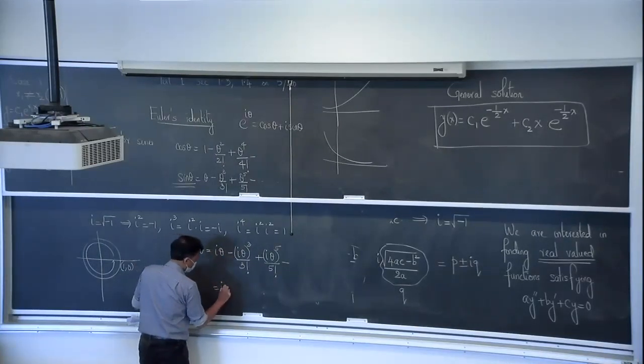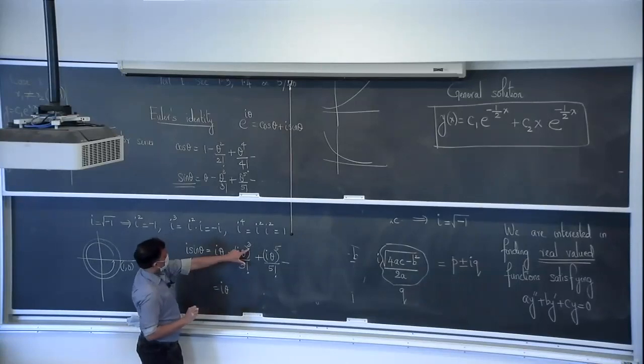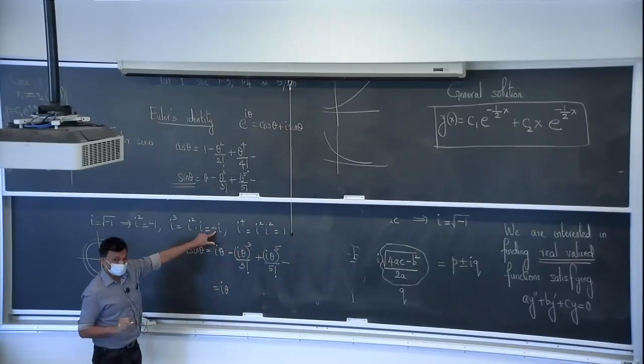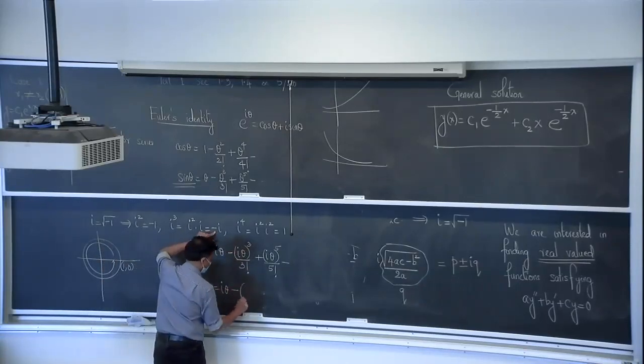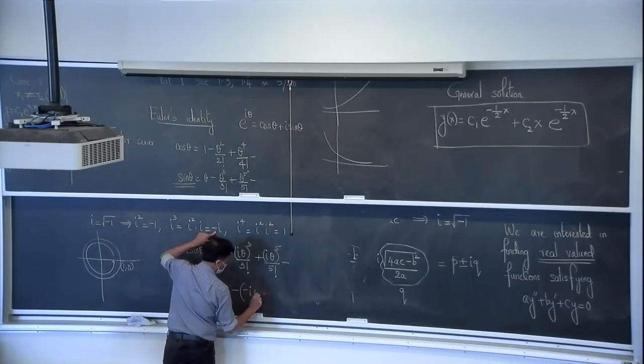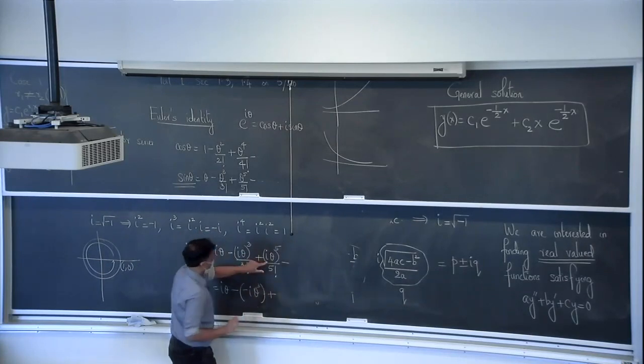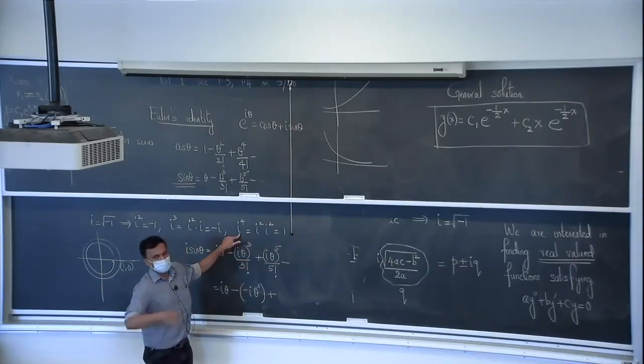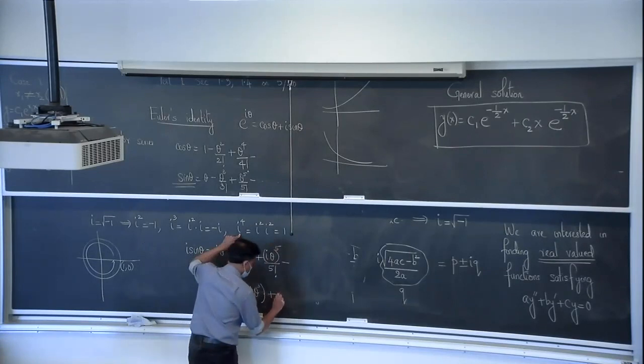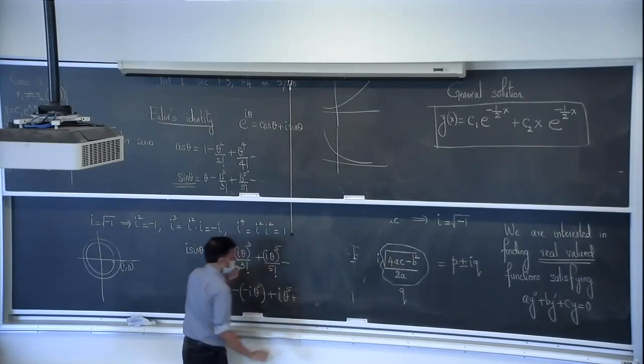This is going to be i theta. i to the power of 3 is minus i, so it's going to be minus negative i theta to the power of 3. i to the power of 5 would be i to the power of 4 times another i, so that's going to be plus i theta to the power of 5, and so on.